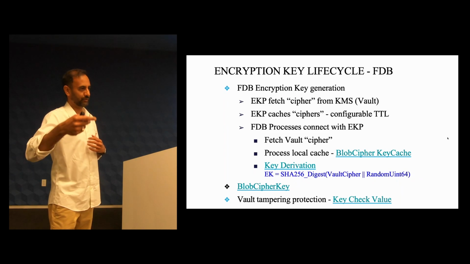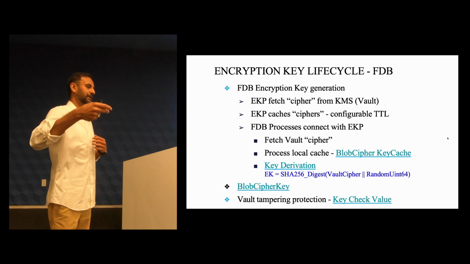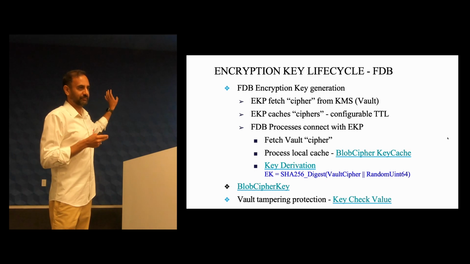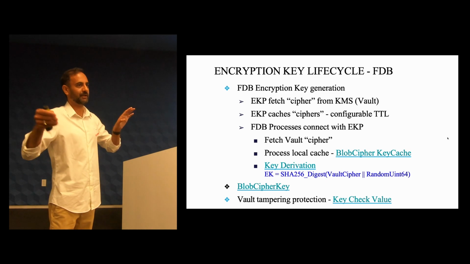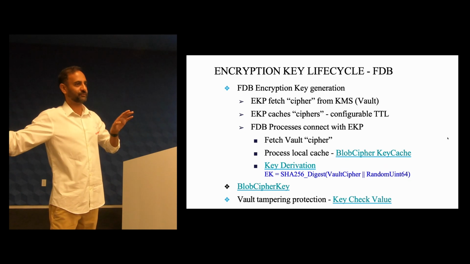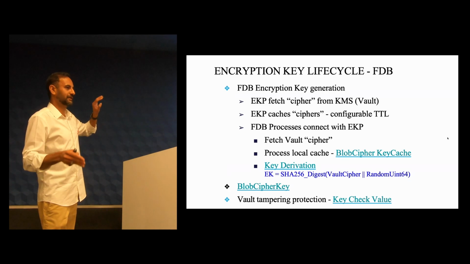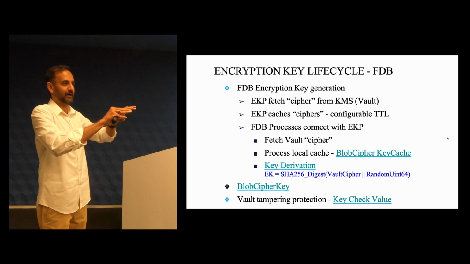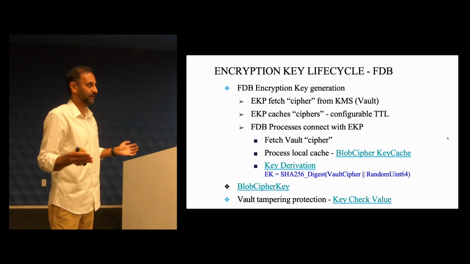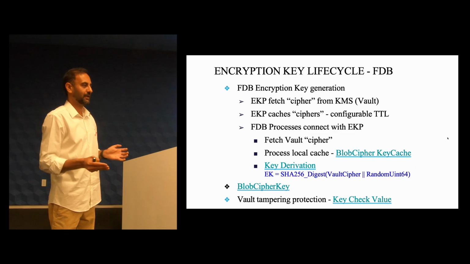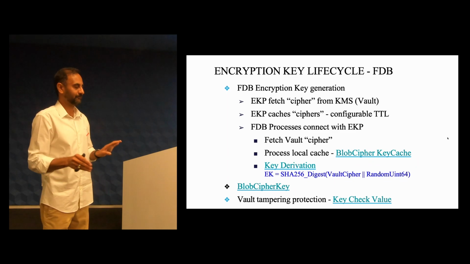By the way, I can rotate the FDB internal cipher as much as I want. Your KMS cipher will still remain the same, but the actual encryption key FDB uses can be changed much faster, and this allows you to control and bound the data encrypted with a single encryption key without having any accounting built in.